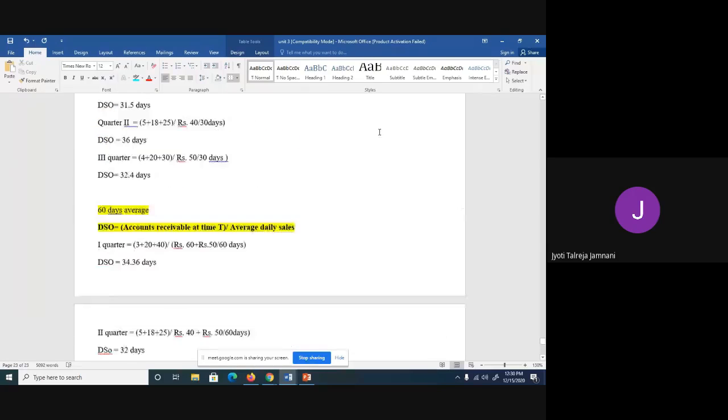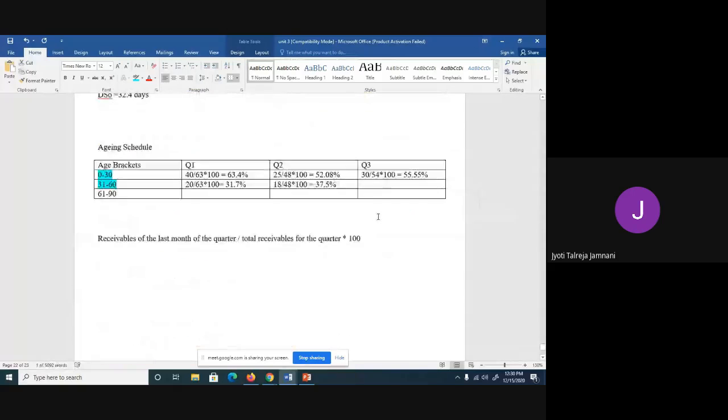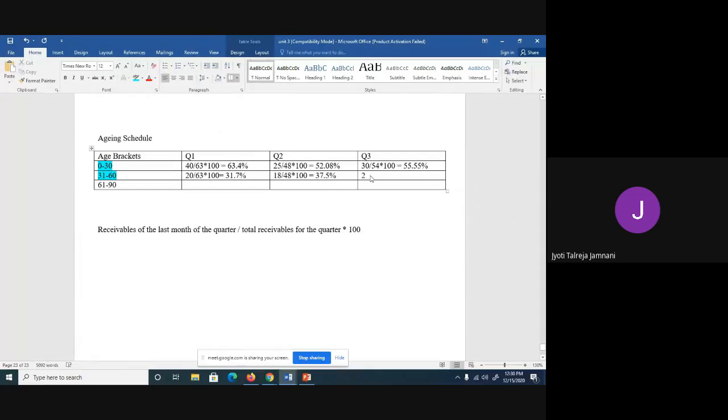And the last one, for quarter 3, the middle month I'll take, that is 20 divided by 54 into 100, which is equal to 37.03%.